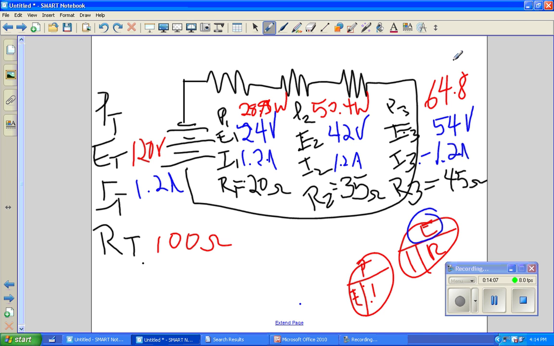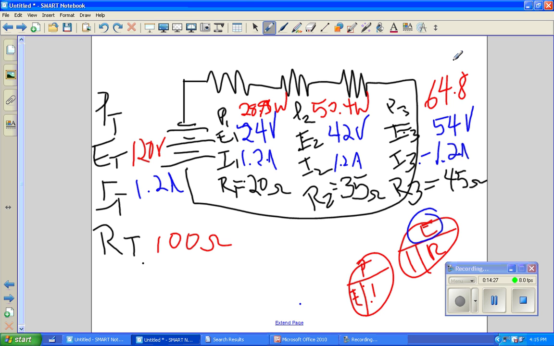Now, we want to do our cross check, our pure functional magic check. We're going to add up 64.8 plus 50.4 plus 28.8.